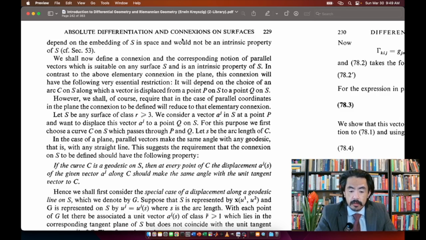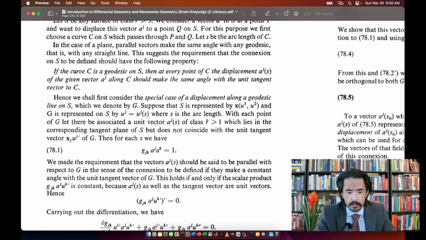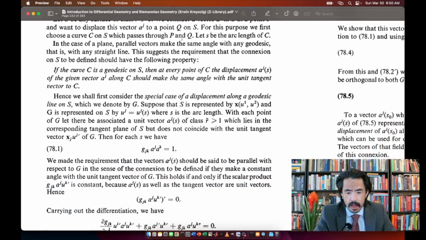Let S be any surface of class R greater than or equal to 3. We consider a vector A superscript J, that's a contravariant index J, in S at a point P and want to displace this vector A superscript J to a point Q on S. For this purpose, we first choose a curve capital C on S which passes through P and Q. Let lowercase s be the arc length of C. In the case of a plane, parallel vectors make the same angle with any geodesic, that is, with any straight line.